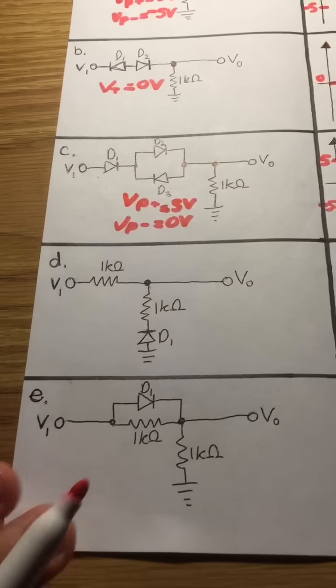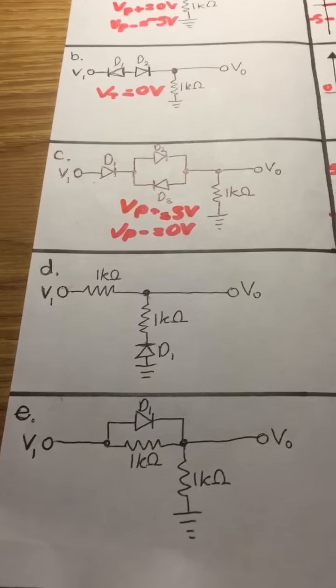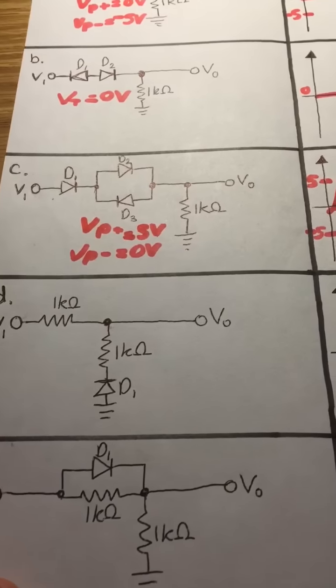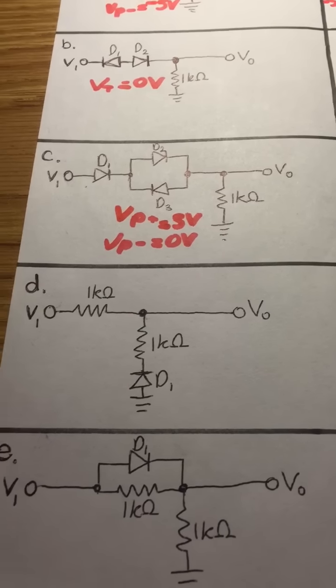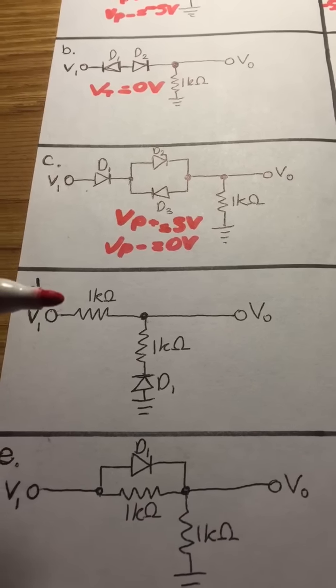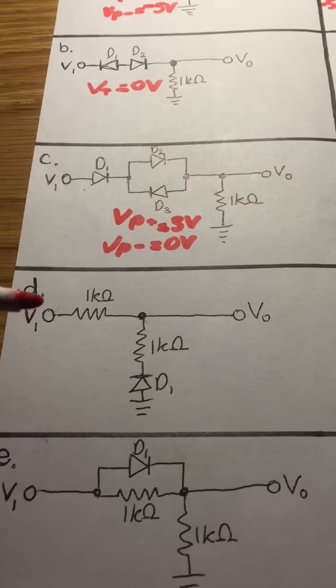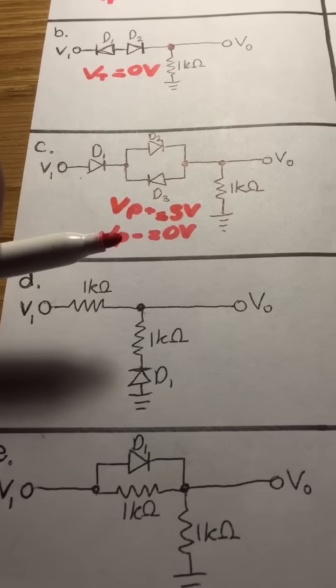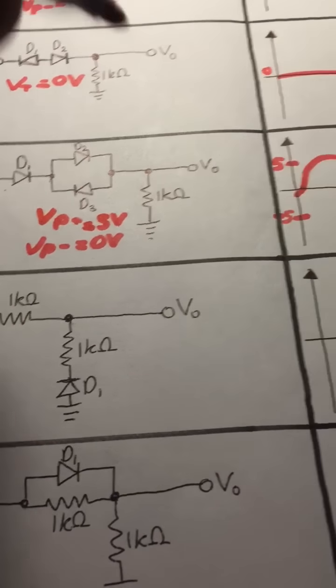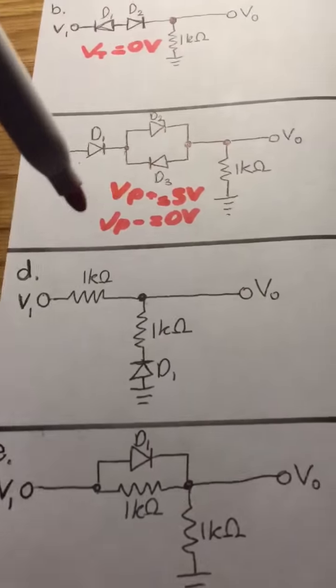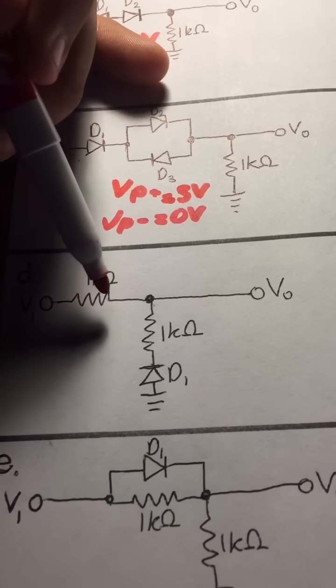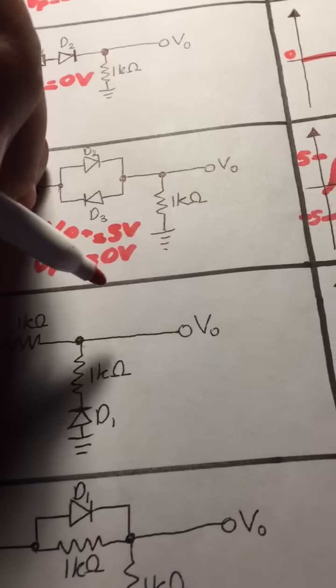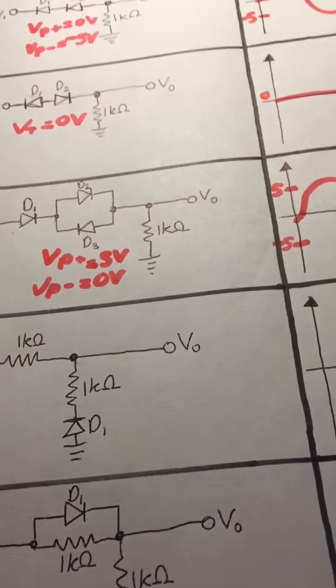Okay. Moving on to part 4. This one is mostly resistors. So the positive flow is going to go through the circuit, through here, and out of the output.